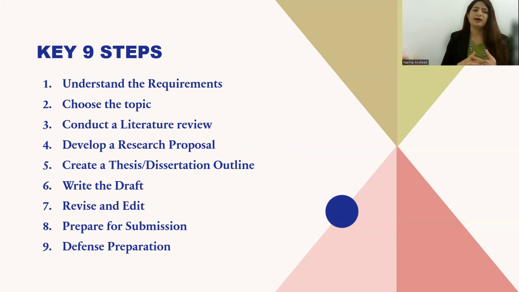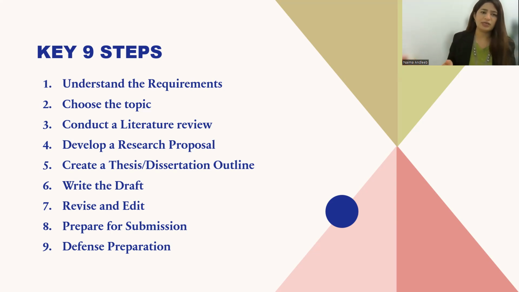So right now I just want to make the steps easy for you. We have 9 steps. First of all, we need to be very clear that we are going to do research for a thesis, for master's, graduation, or PhD.